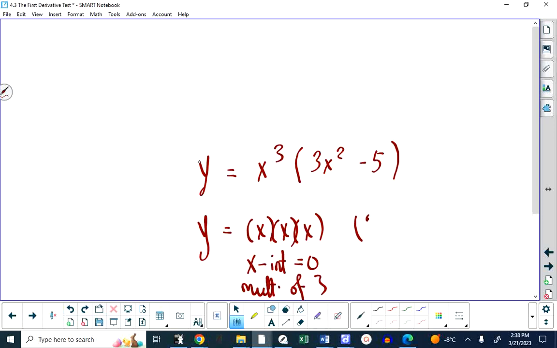And by the way, we don't often encounter this in Math 30, although it's legitimate. There's a quadratic that's not factorable, but there are values of x that make that 0, plus or minus the square root of 5/3. So there are two other x-intercepts, each with a multiplicity of 1, combining to give a quadratic with a multiplicity of 1.